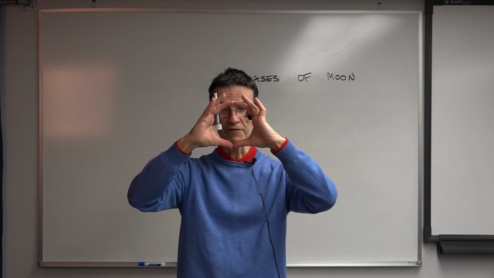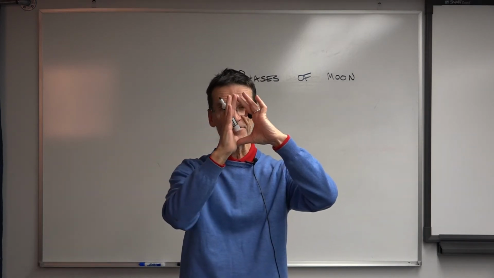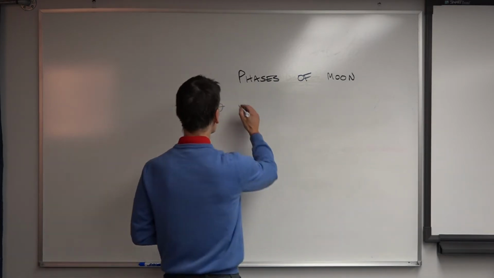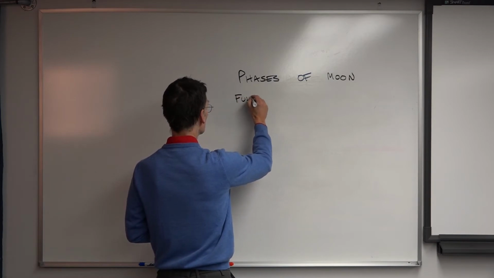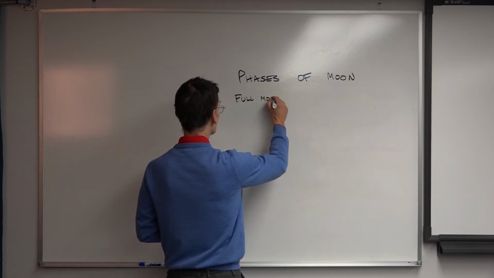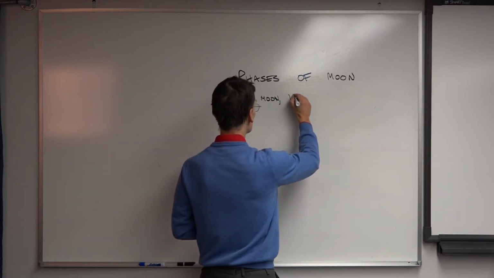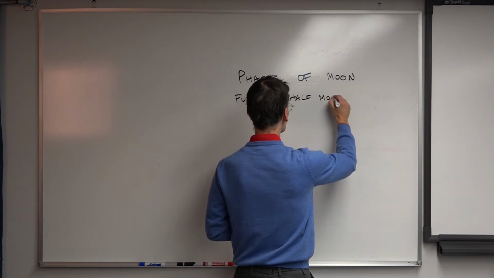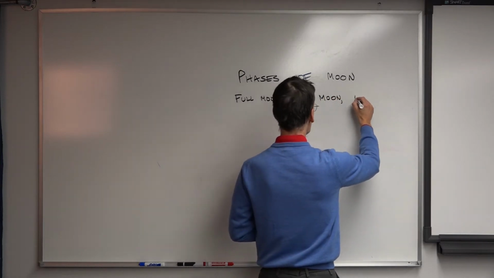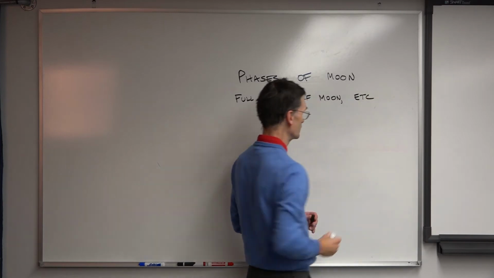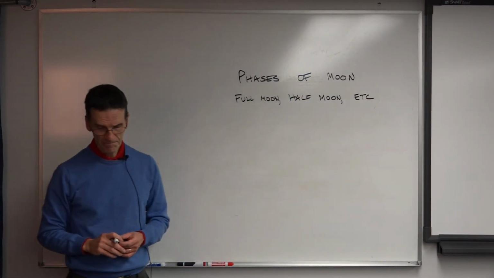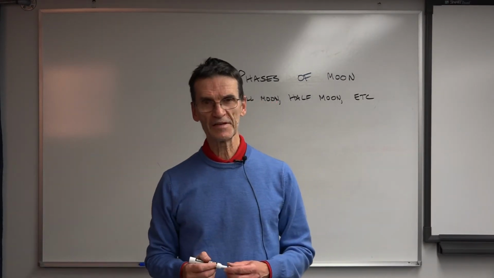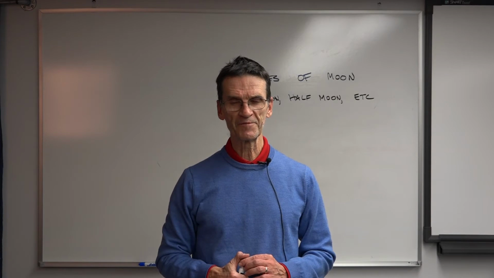Sometimes the moon can look like a full circle of light, sometimes a half a circle, sometimes a little sliver of light. Again, anybody on Earth could notice that.